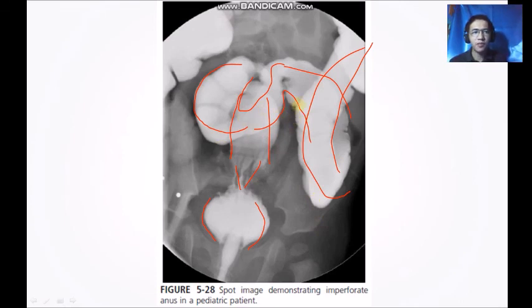If a patient has imperforate anus, they can open the abdomen of the patient, have the colon exposed to the external environment, and then place a colostomy bag. So if the patient has a colostomy bag, the fecal materials are delivered there. And if the intestine is projected outward, they can also use that intestinal lining to inject contrast material.